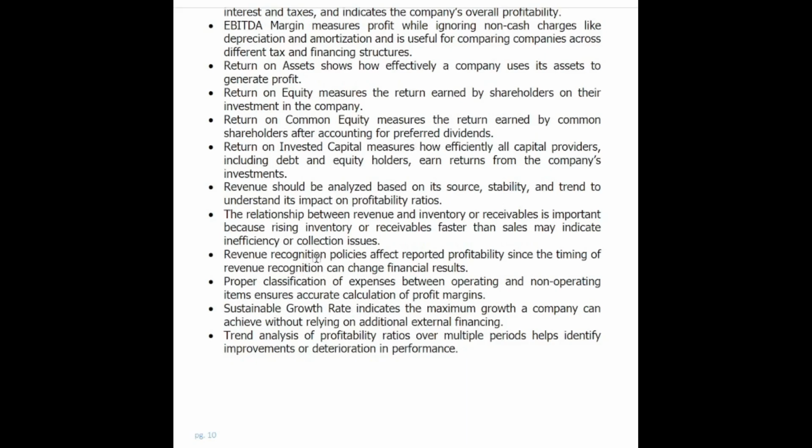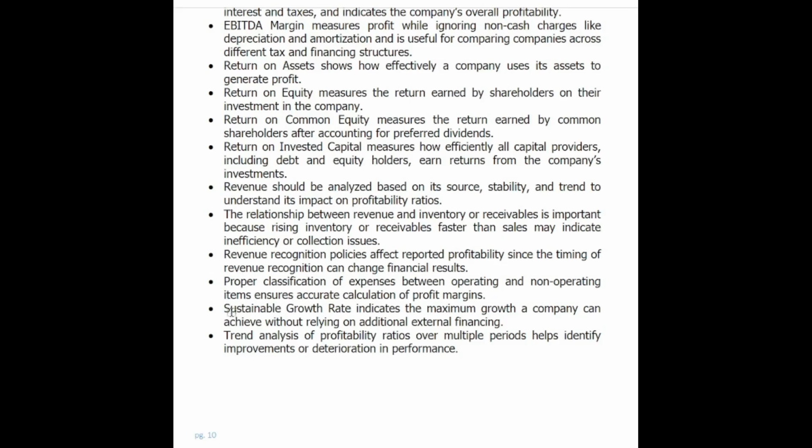Revenue recognition policies affect reported profitability, since the timing of revenue recognition can change your financial result. The proper classification of expenses between operating and non-operating items ensures accurate calculation of profit margins.